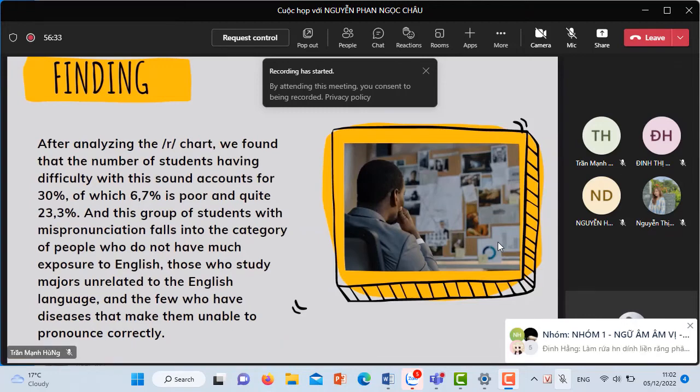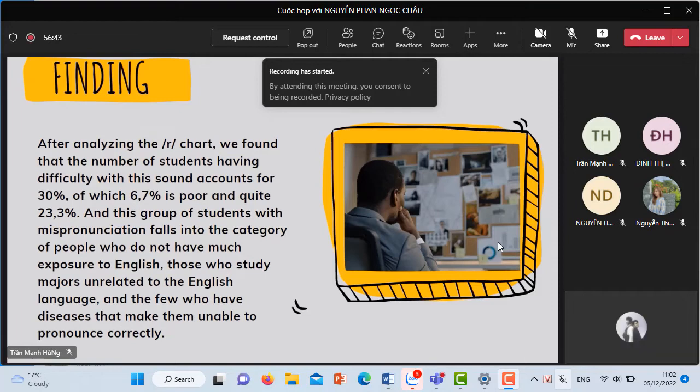After analyzing the R chart, we found that the number of students having difficulty with this sound accounts for 30%, of which 6.7% is poor and quite good is 33.3%.